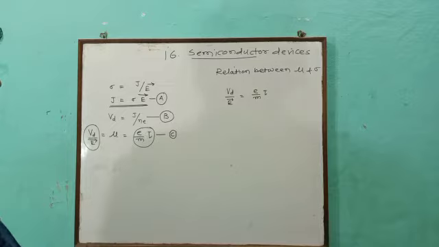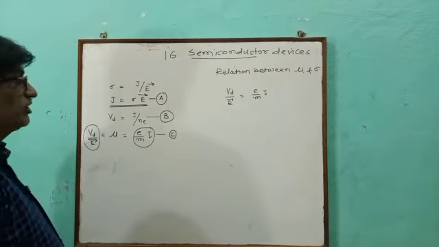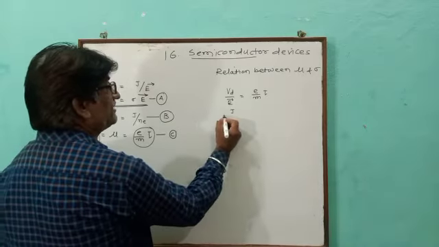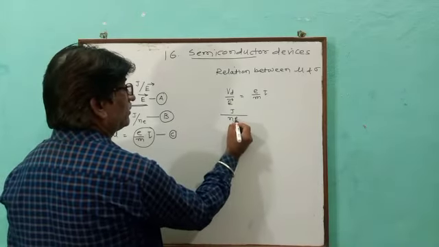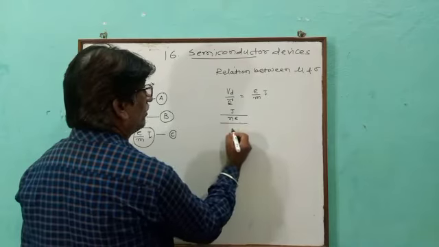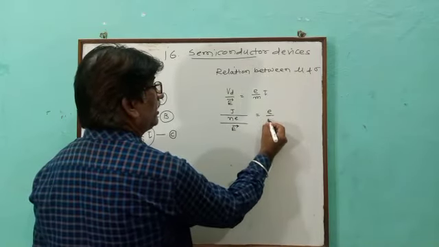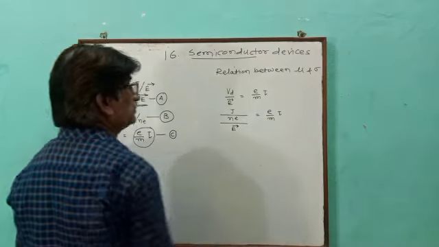If we substitute the value of Vd from equation B, it has current density J upon n into small e, upon vector E, equal to e upon m tau.